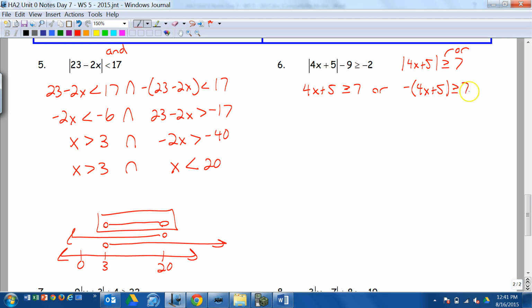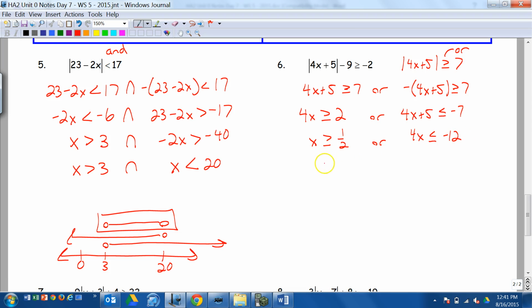When I divide that one by a negative, it'll flip it. 4x is greater than or equal to 2, or 4x plus 5 is less than or equal to negative 7. This becomes x is greater than or equal to 1/2, or you get 4x is less than or equal to negative 12.